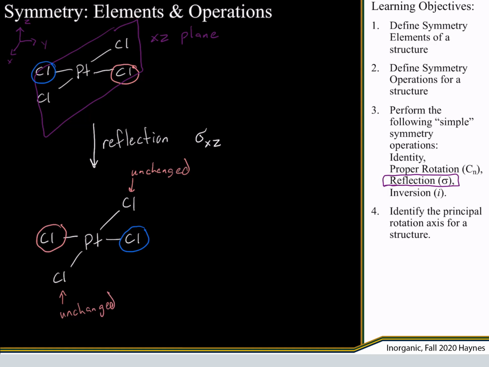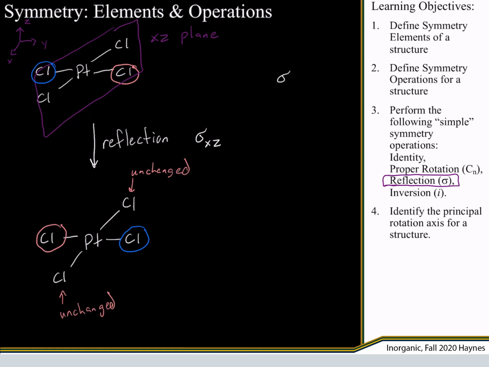Okay, so this is a reflection, and we have several different reflections. We have a reflection in the XZ plane. And what I'm going to challenge you to do, if you have this open in Avogadro, is find some of these other reflections.